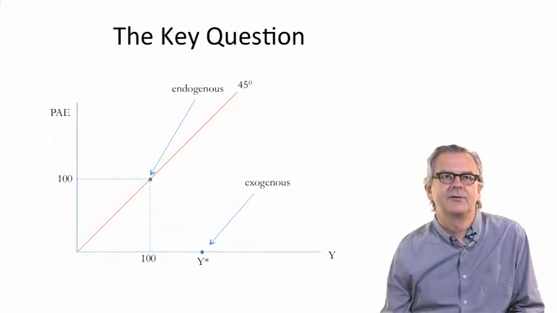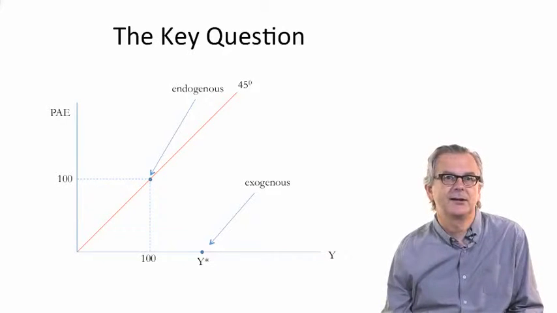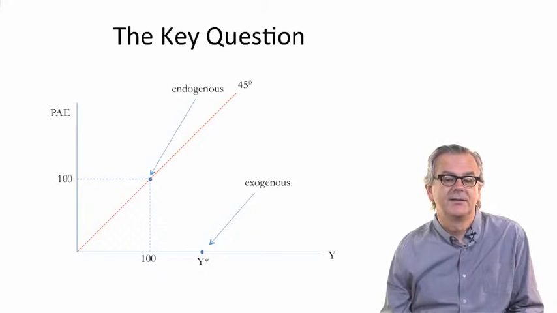And that gives us a very convenient way of visualising equilibrium using the diagram you can see in this slide, where we record planned aggregate expenditure on the vertical axis and GDP on the horizontal axis, and therefore a 45-degree line in this diagram represents that equilibrium, because by definition any point on the 45-degree line satisfies the condition for an equilibrium.